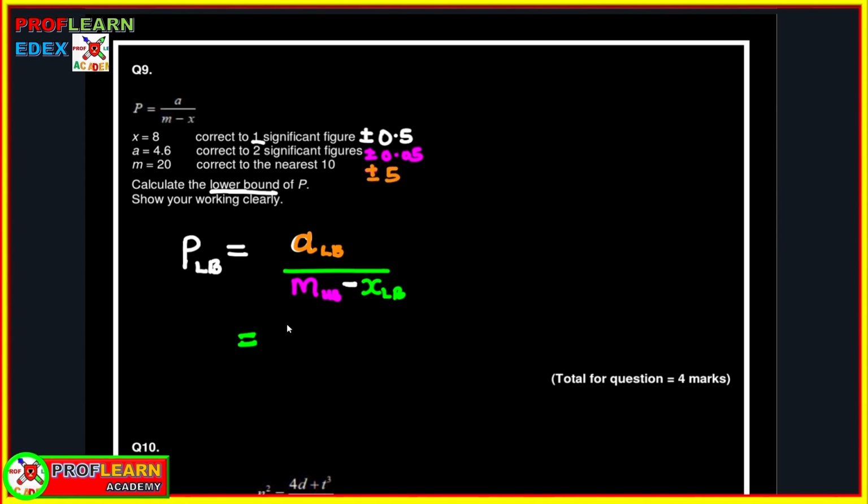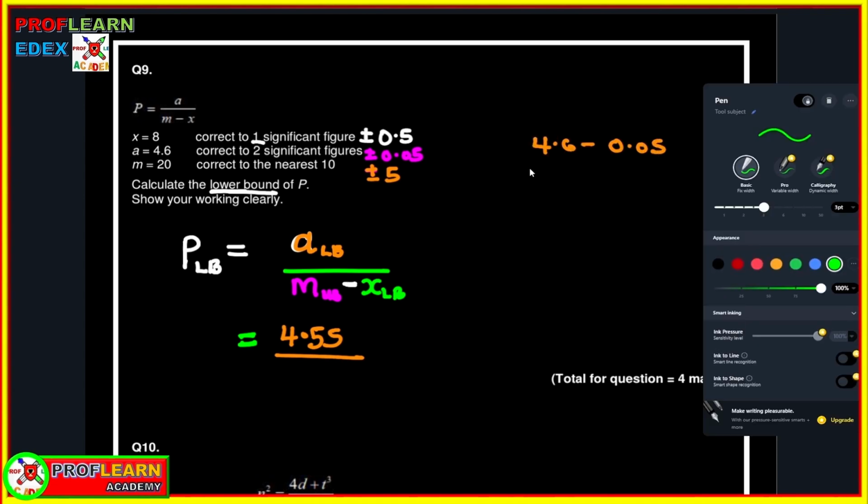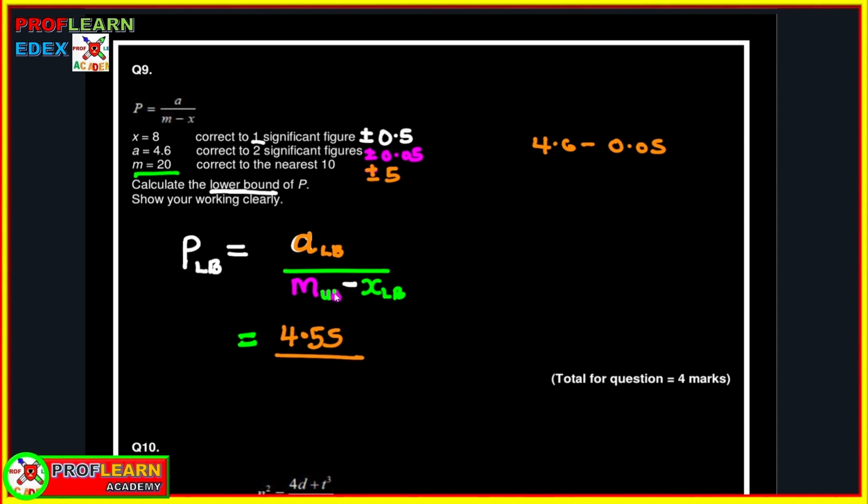To get the lower bound of A, we are going to subtract 0.5, and that's going to be 4.55. Then the upper bound of M, we are going to add 5, becomes 25, minus the lower bound of X, which is 8 minus 0.5.